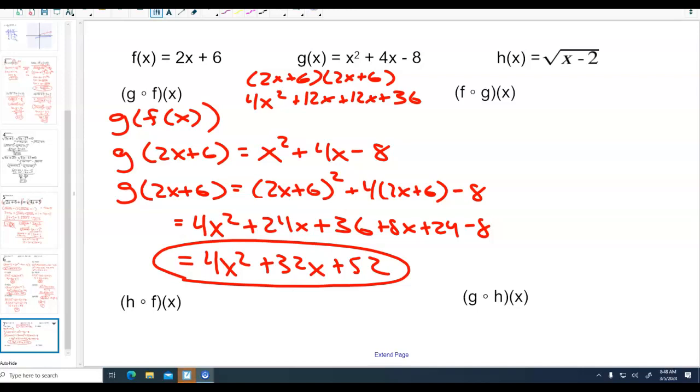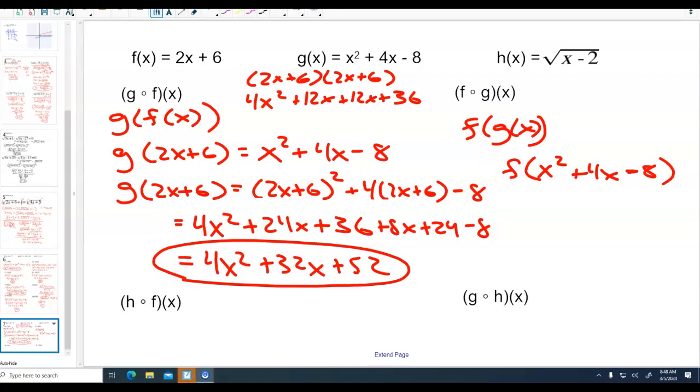f of g of x, and make no mistake about it, order matters. I'm going to write that as f of g of x. So that means f of, what's my g of x? x squared plus 4x minus 8.